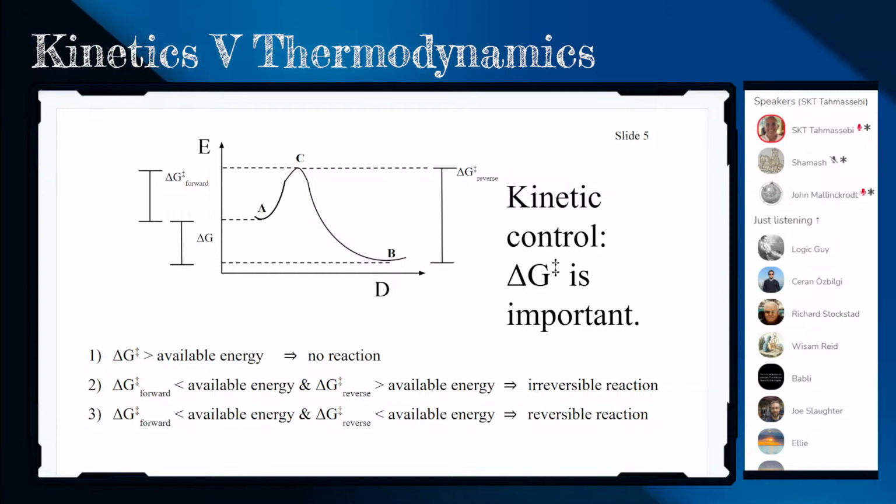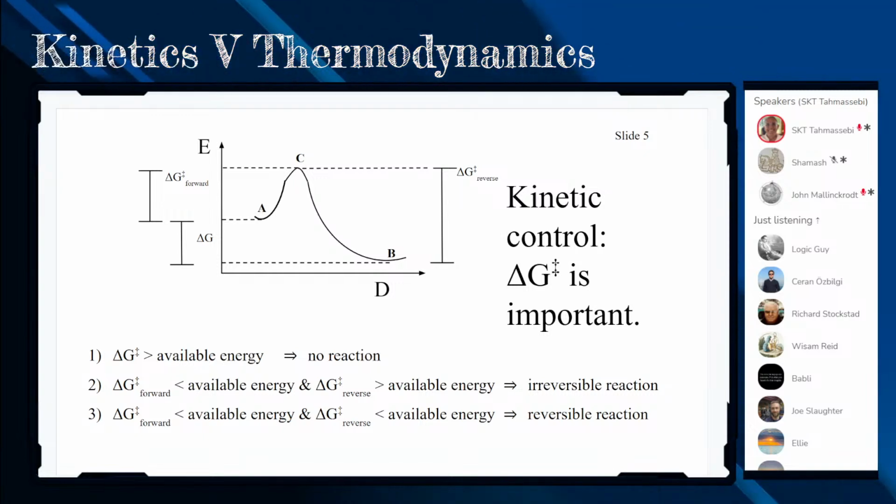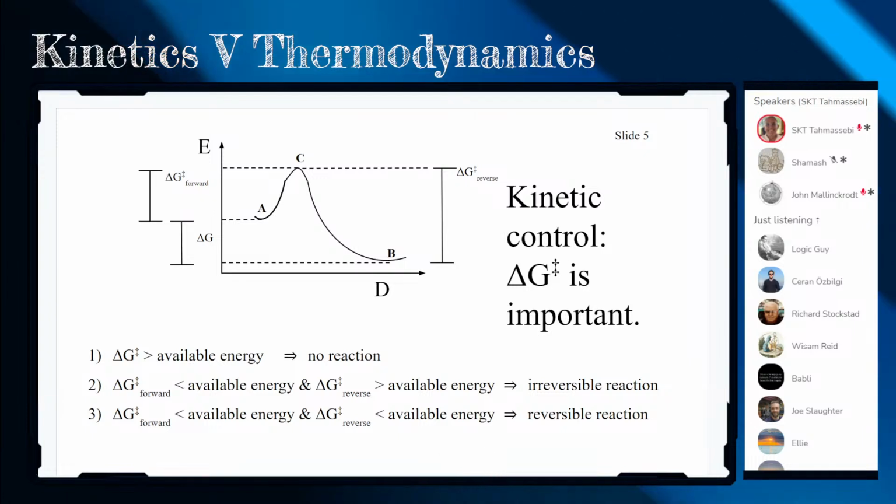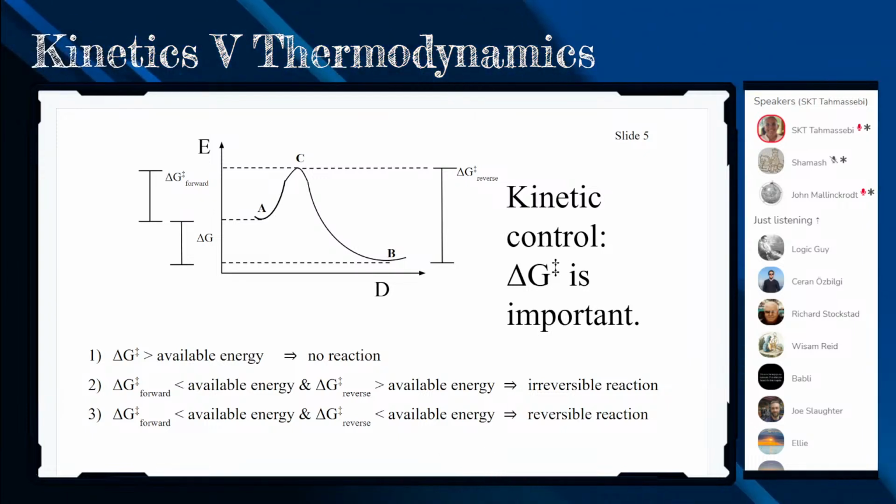But under thermodynamics, we look at both sides, because under kinetic control, we're only looking at either reactants to the transition state or products to the transition state. So really, kinetic control is thermodynamic control for reaching the transition state. That's how you would distinguish.